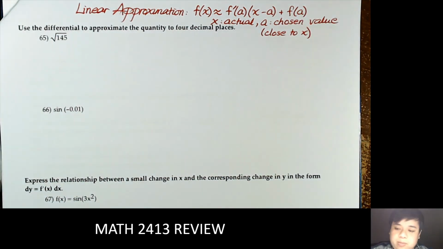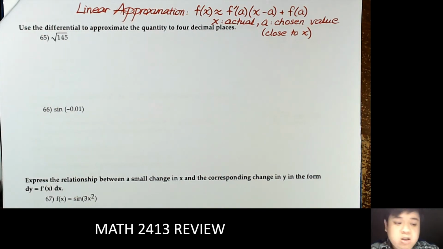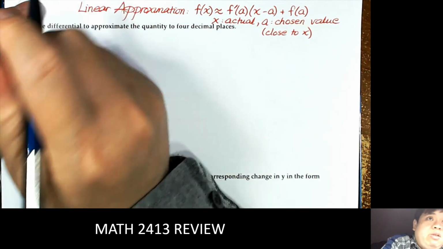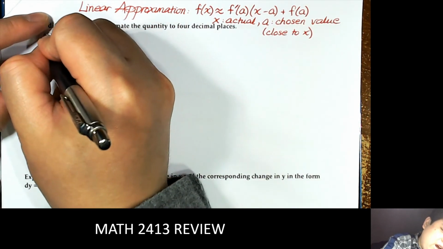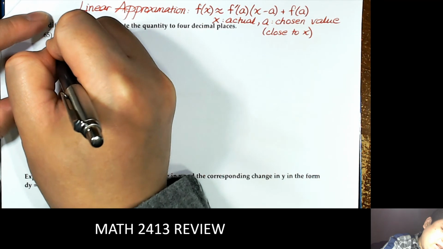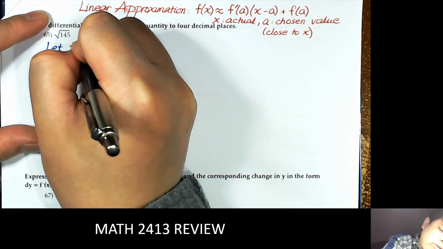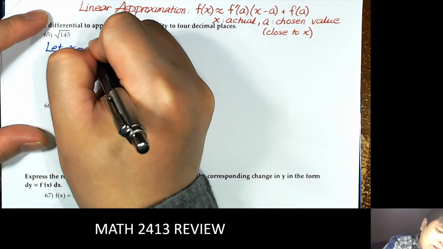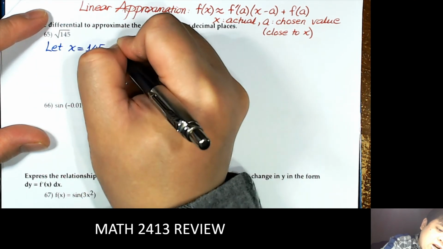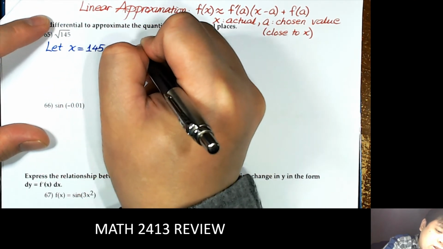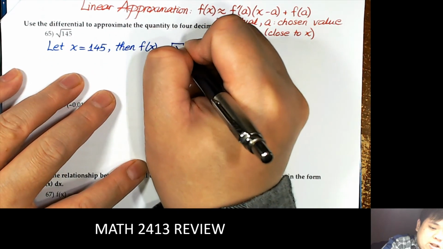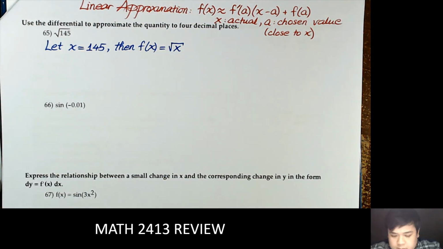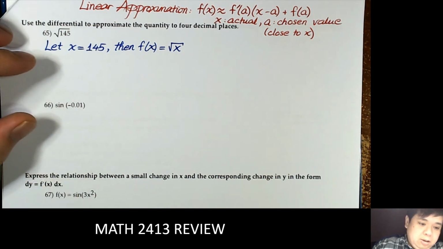That one is obvious. Right. So for this kind of problem, the first thing we do is look at the problem. Whatever number we have, that will be x. So 145 is x. So we're going to let x be 145. If that is the case, we will have the function, instead of 145, it is square root of x. Right?